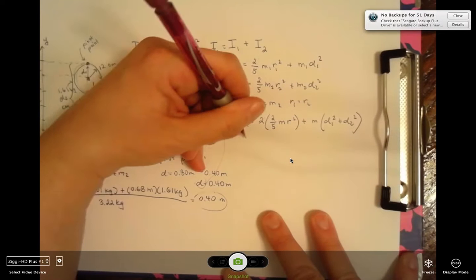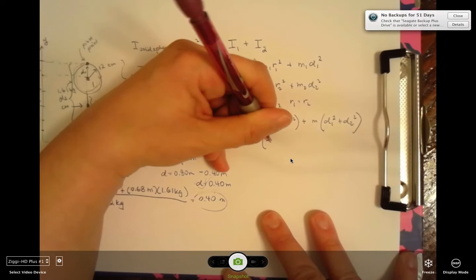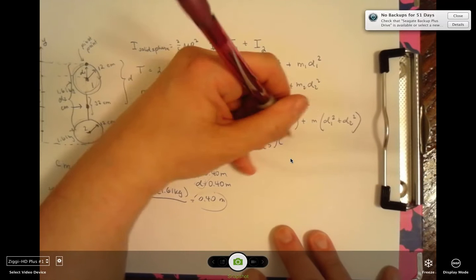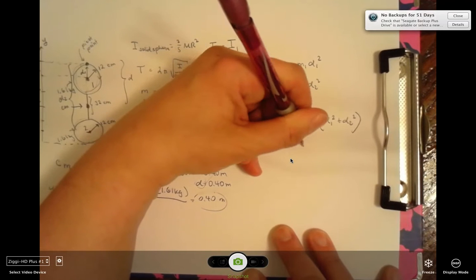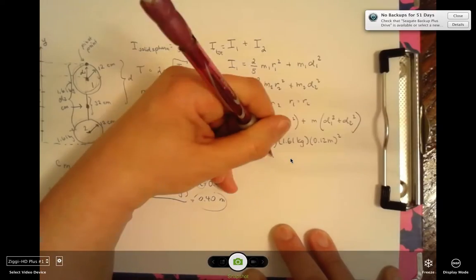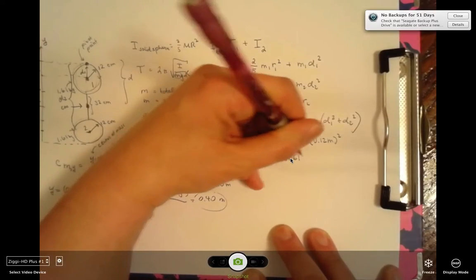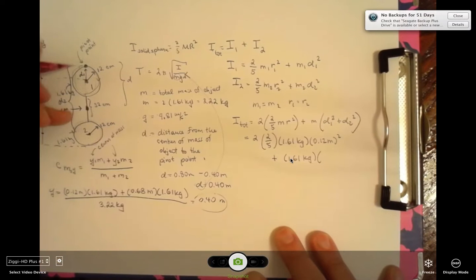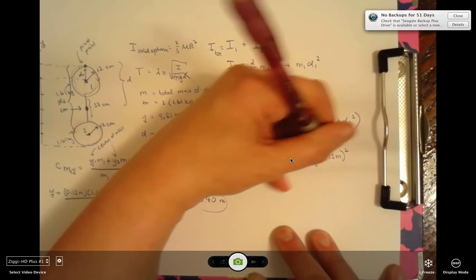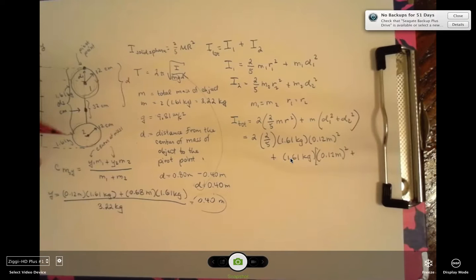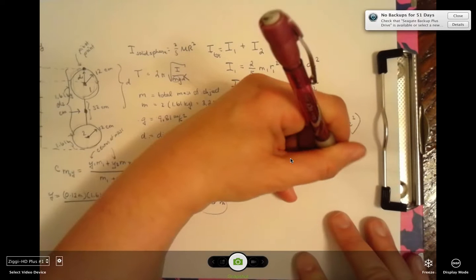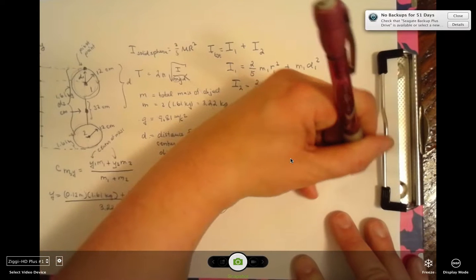Okay, so that's going to be 2 times 2/5 times the mass of 1. This is mass of 1 at a time, so this is 1.61 kilograms times the radius of one of them, which was 0.12 meters, squared, plus 1.61 kilograms times d1, which was 0.12 meters squared, plus d2, which is this distance up to here, which is the whole thing minus 0.12, so that was 0.68 meters squared, like that.